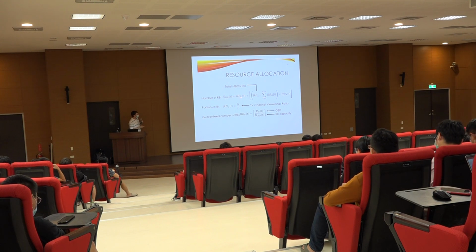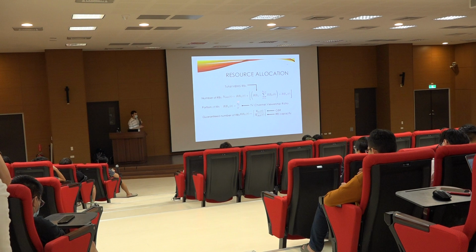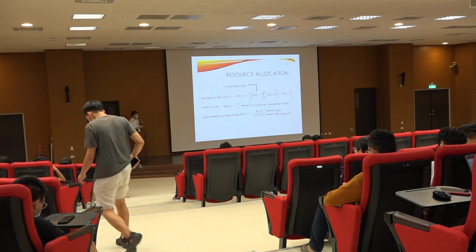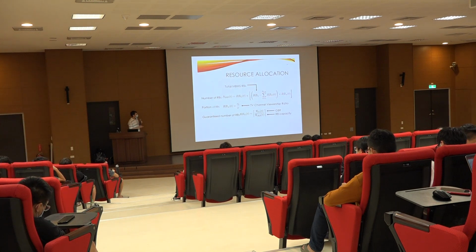This guaranteed bit rate corresponds to our base layer video. This says at what point we will not have buffering events. And everything above that is just a proportional fair resource allocation.